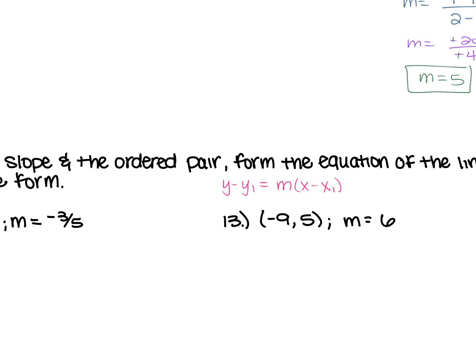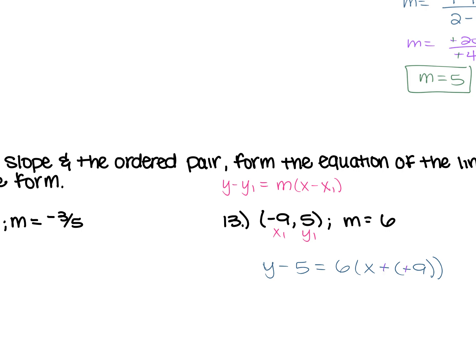So we are going to identify our x1 as negative 9, our y1 as 5, and our m as 6. This is going to then give us y minus 5 is equal to 6 times x minus negative 9.